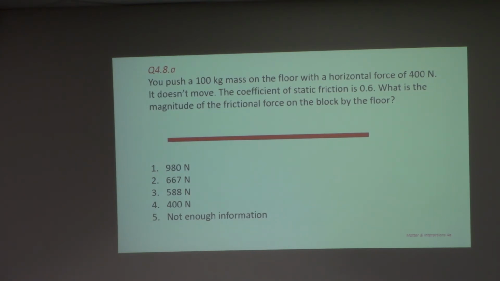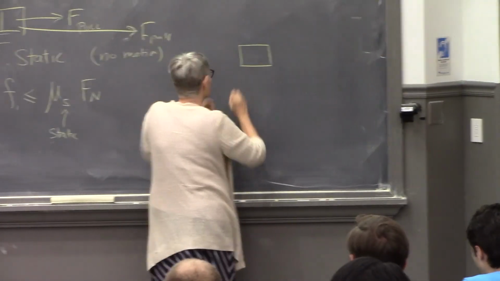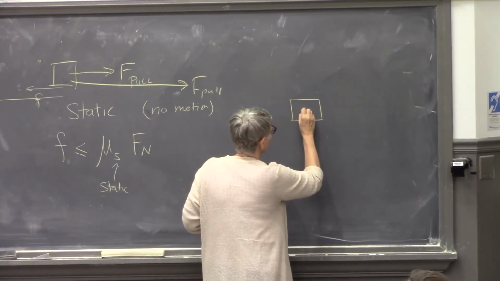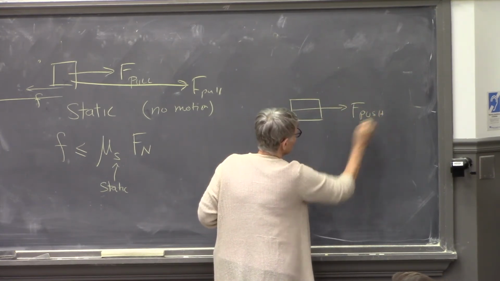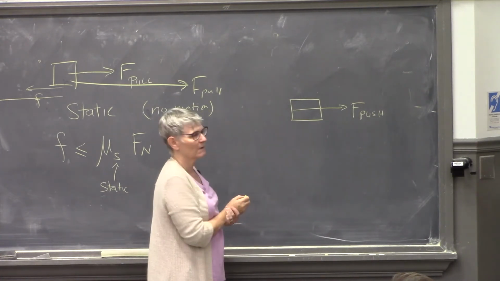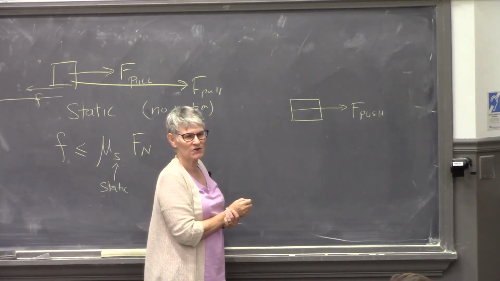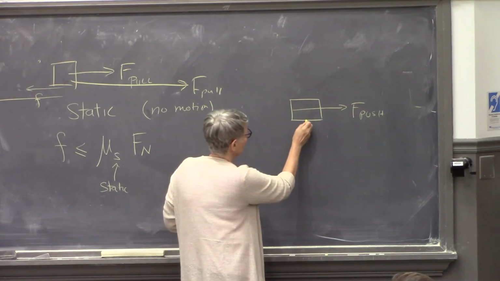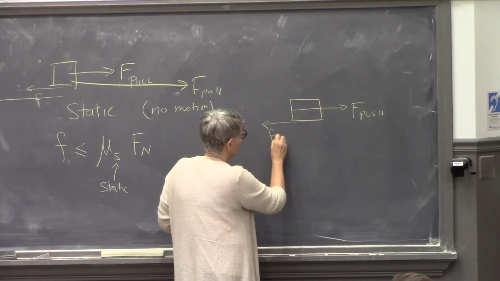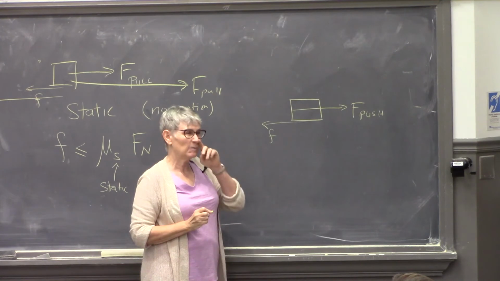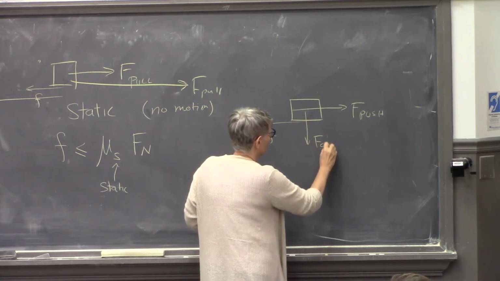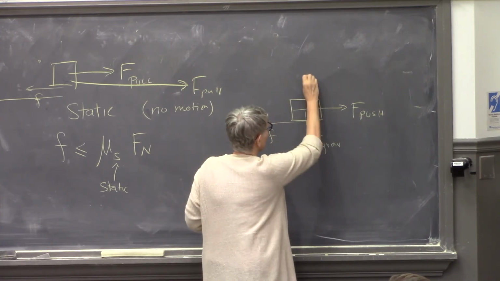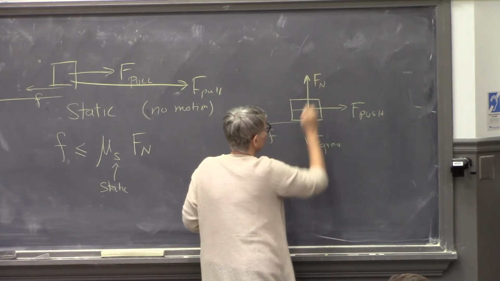Okay, let's draw a force diagram for our block here. So here's our block. We're pushing it. There's a friction force. There's also the gravitational force and this normal component of the force by the table.